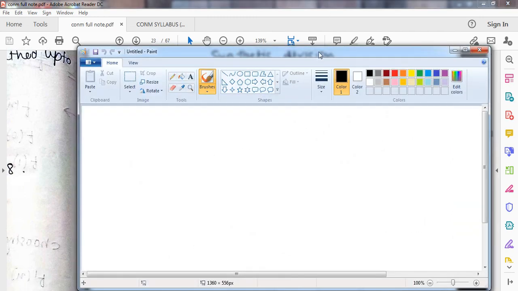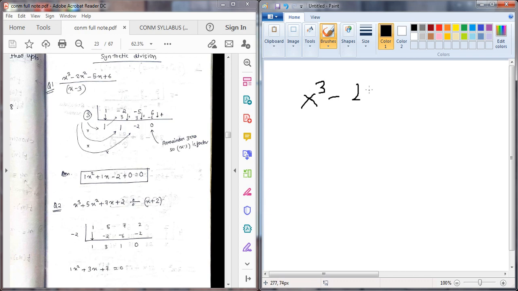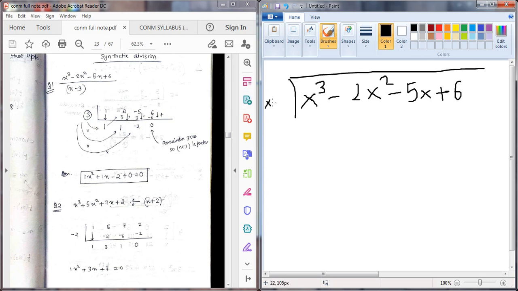Over here you have a polynomial, x cube minus 2x square minus 5x plus 6, and I have asked you to divide this polynomial by x minus 3. This is the process. Now how can we do it? See, what is the coefficient of x cube?